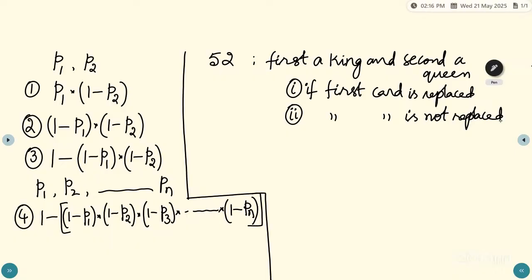Now, as you said, how many kings? Four. And how many queens? Four.